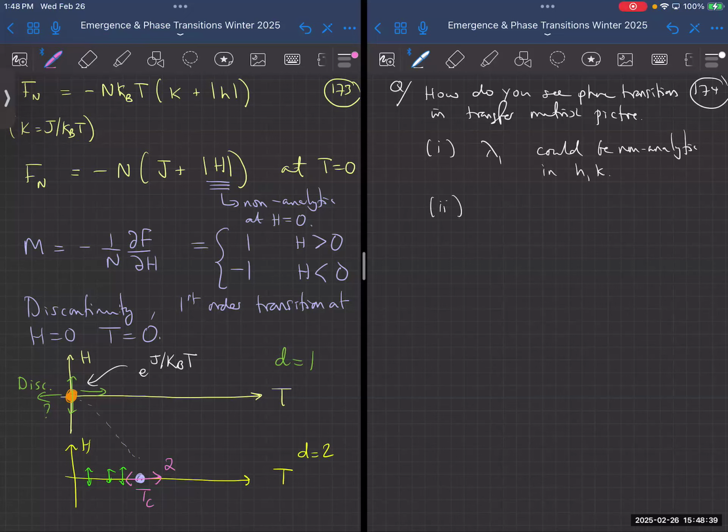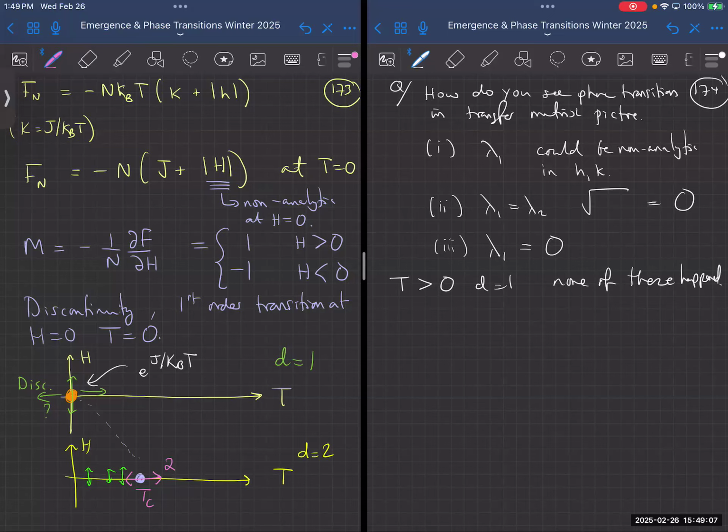I could have that lambda 1 equals lambda 2, so that the square root thing is equal to 0, or I could have, 3, that lambda 1 is equal to 0. Now, what we saw is that for t greater than 0 and d equals 1, none of these things happened. And so we know there's no phase transition.